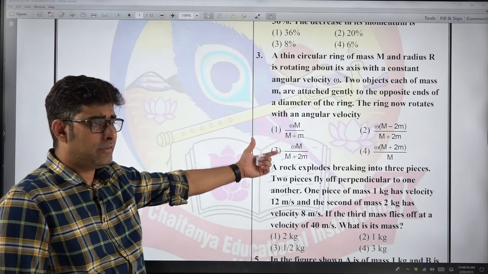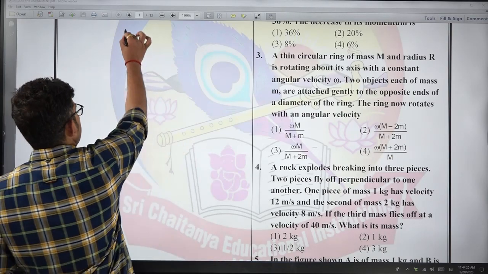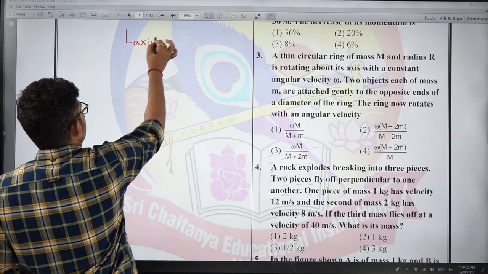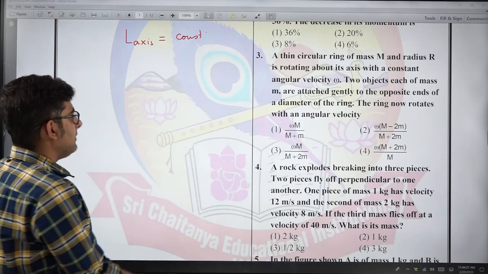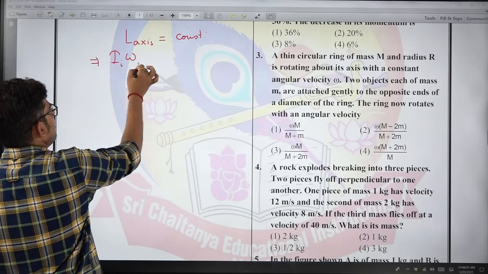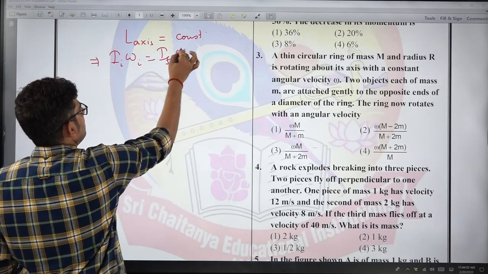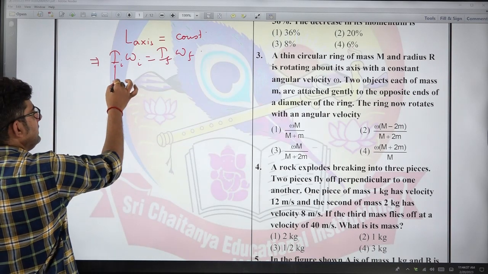Such questions you have studied earlier also are based on angular momentum conservation. Means we can directly use angular momentum about the axis is what? Constant. Now since there is only rotation, so we can say I initial omega initial equals I final omega final.